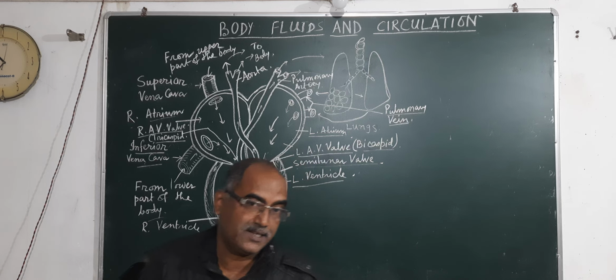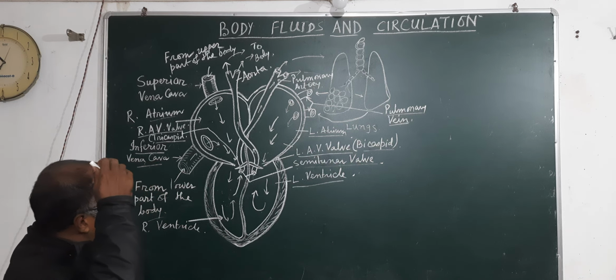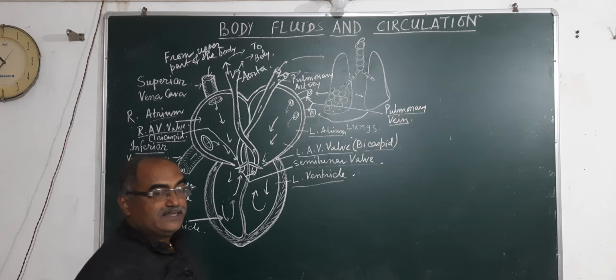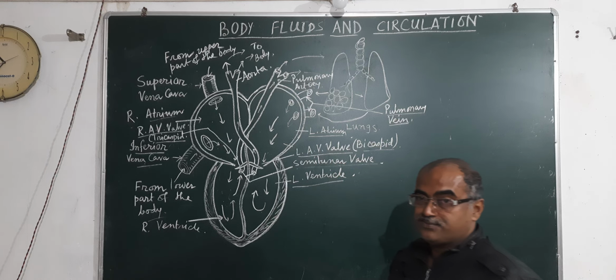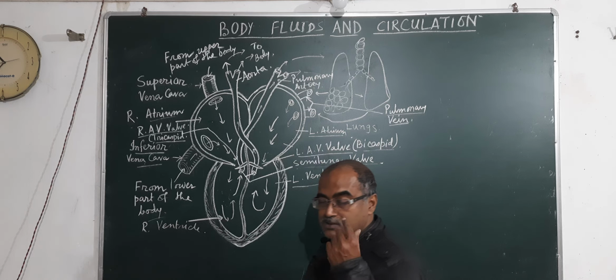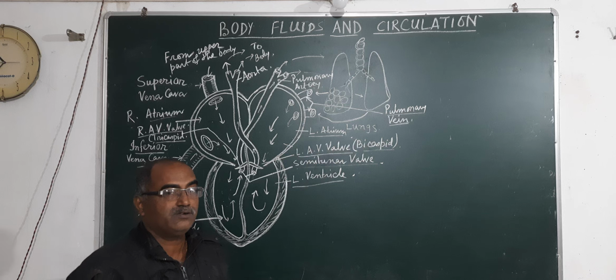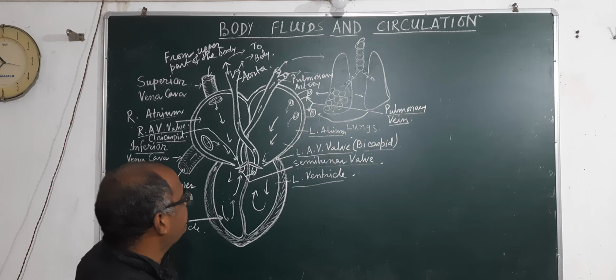An interesting fact, try to remember: our brain is only 3% of our body weight. If the weight of our body is 50 kg, then our brain is only 1500 cc or 1.5 kg.